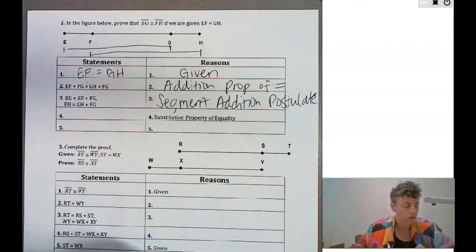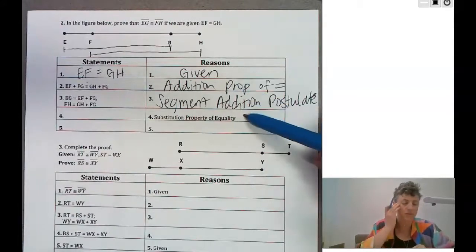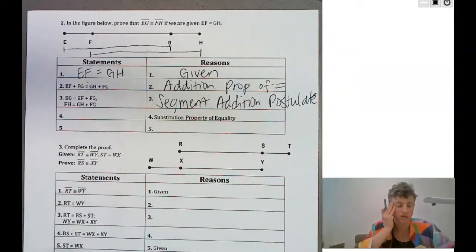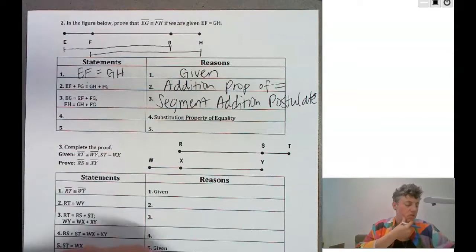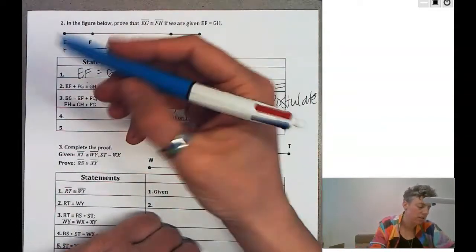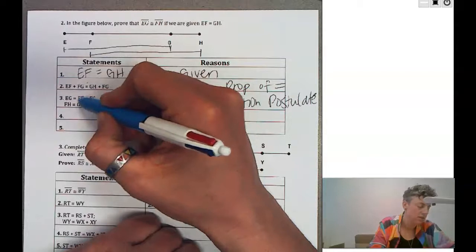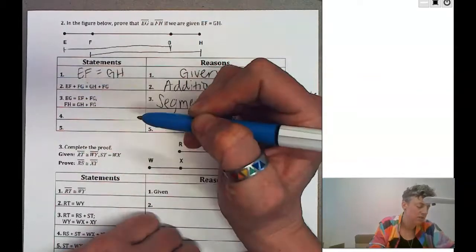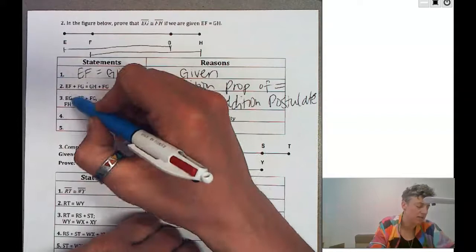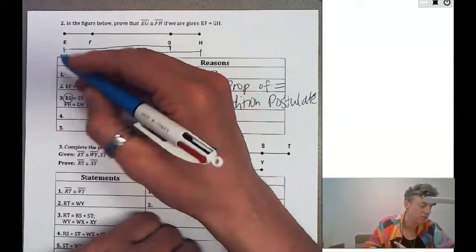Okay, cool. So, they're giving us another hint. Reason number 4 says substitution property of equality. We're going to try to find some place to substitute something. So we need to find something that's equal in 2 different equations. Like EF plus FG, that's up there, so I could take EG and plug it in for EF plus FG because they're equal to each other.